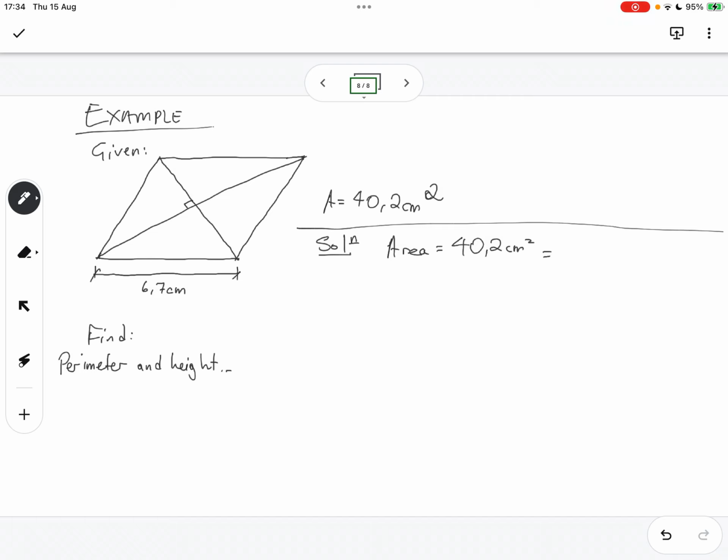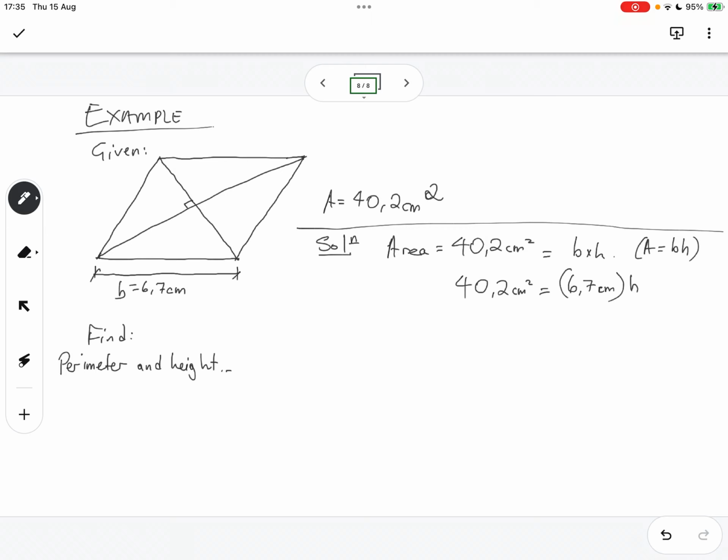But we also know that the area of a rhombus, which is a parallelogram, equals the base times the perpendicular height, because the area of a rhombus is B times H. And since we have B, we can substitute that as 6.7 centimeters. But we don't know the height, so we'll just leave it as h there.